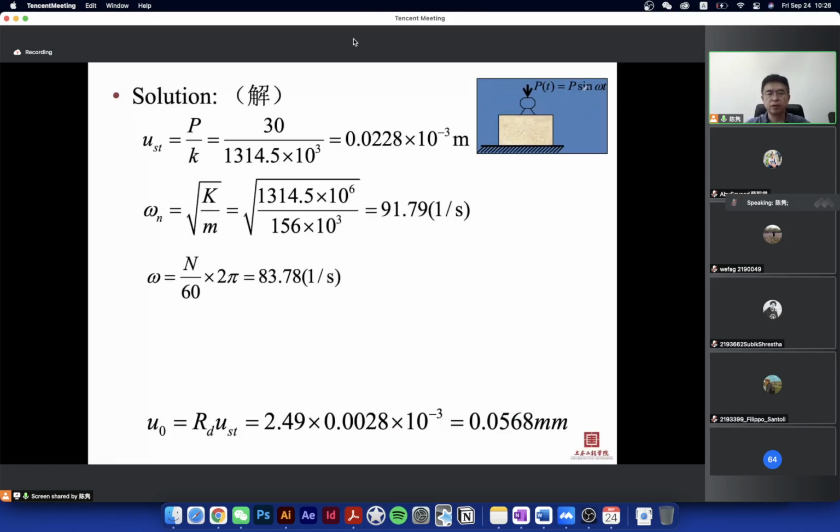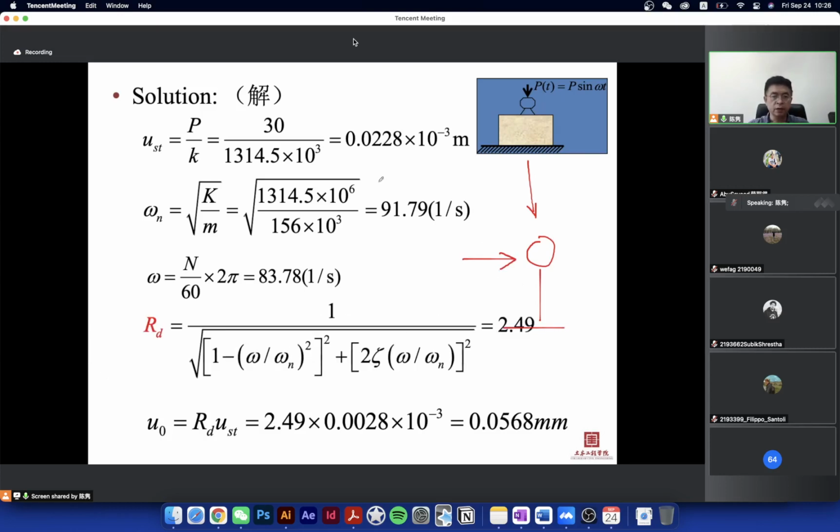This is a harmonic loading, and this is an SDF system. So if you simplify this problem, it's actually like this: an SDF system subjected to a harmonic load.